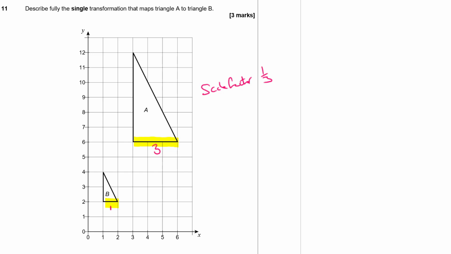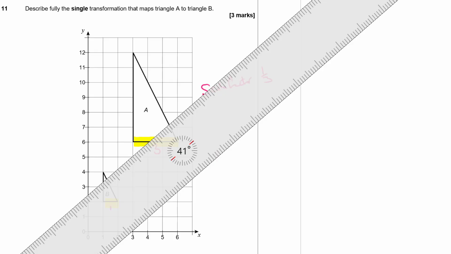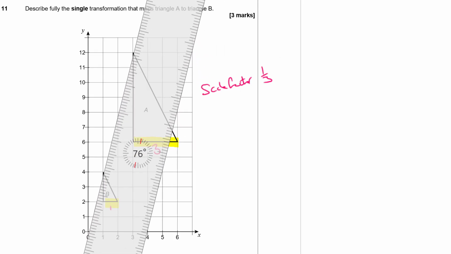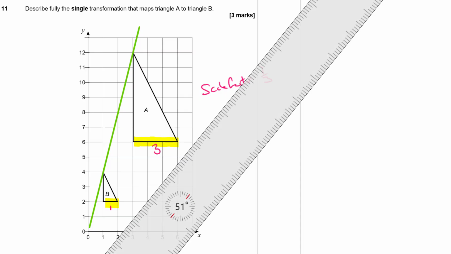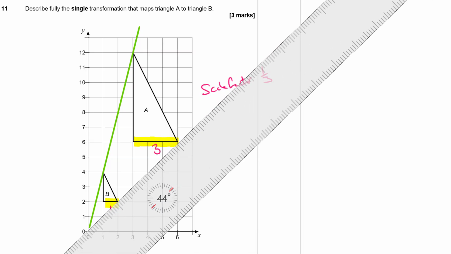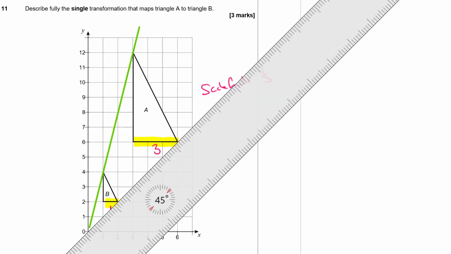The next thing we need to know is the centre of enlargement. The easiest way to find that is to draw on some ray lines that pass through matching corners of your shape. So let's draw one between those 2 points, and let's draw one through those 2 points as well. You can see that these ray lines are converging on the origin.